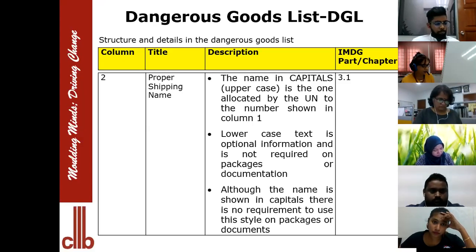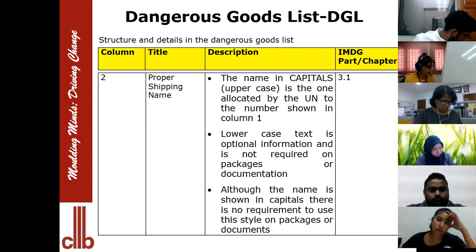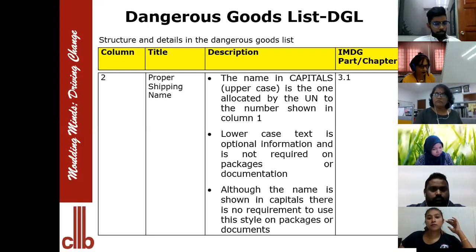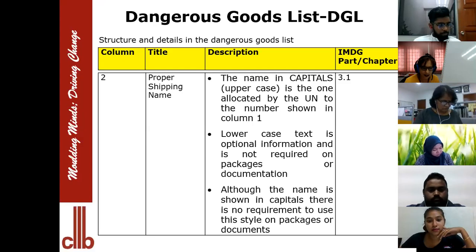You look at the UN number 1358, there's a triangle next to that UN number. Now when you look at this PSN, you will see zirconium powder, wetted. But what is the PSN here is what you see in capital letters.